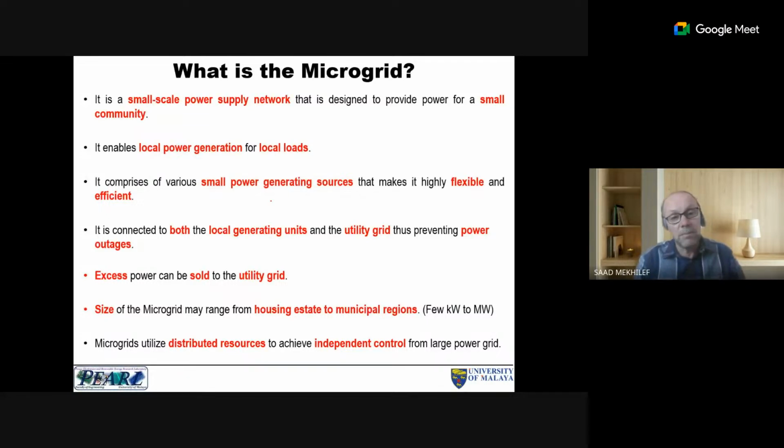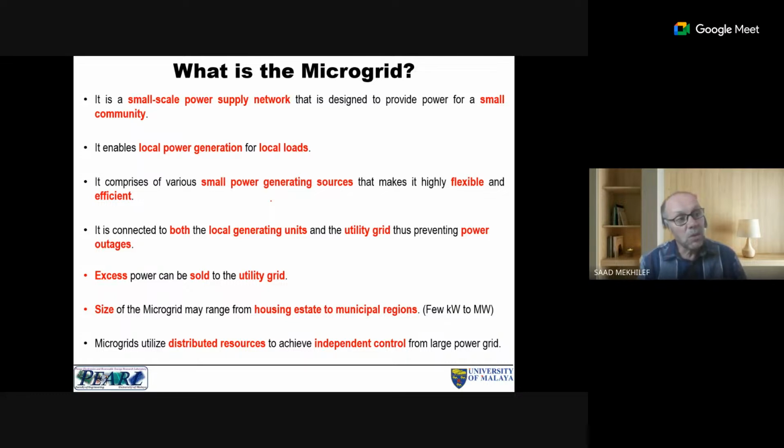For example, within your house you can create a small microgrid. You have solar, maybe a generator, maybe a small wind turbine. That's one house, a few kilowatts, but it can also go to megawatt levels when we have a large community.